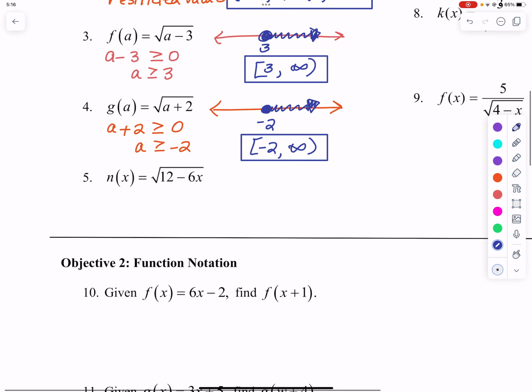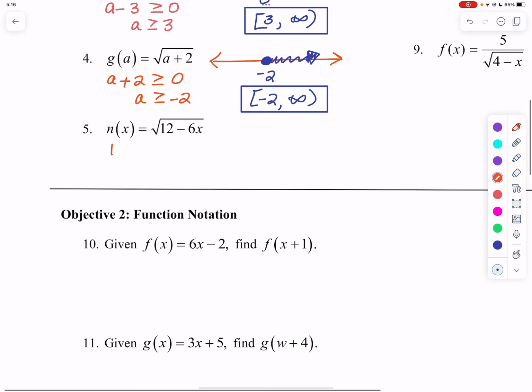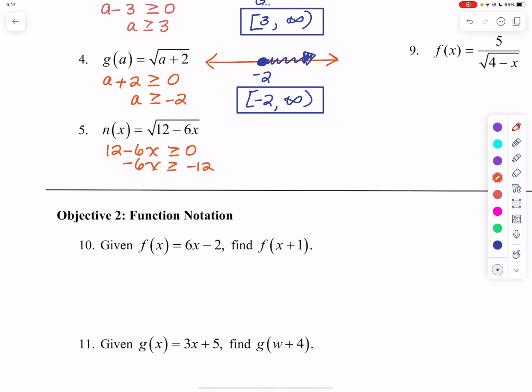Okay, taking a look at number 5, we're going to do the same thing again. 12 minus 6x needs to be greater than or equal to 0. Negative 6x needs to be greater than or equal to negative 12. I just subtracted 12 from both sides.